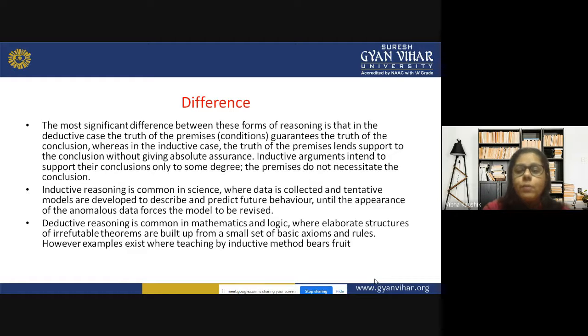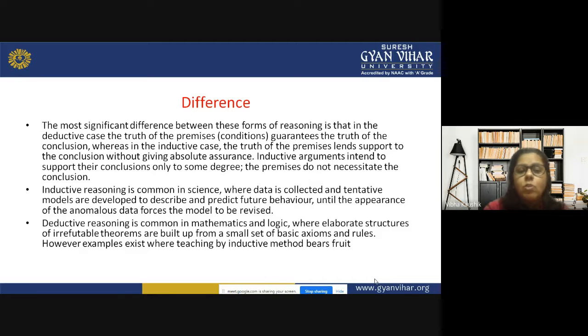Inductive arguments are intended to support their conclusions only to some degree. The premises do not necessitate the conclusion.